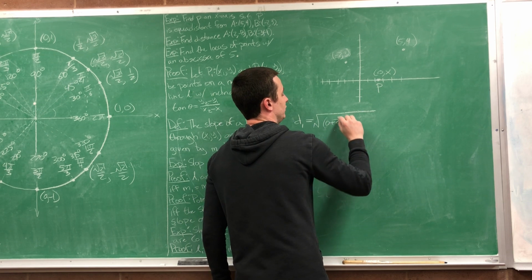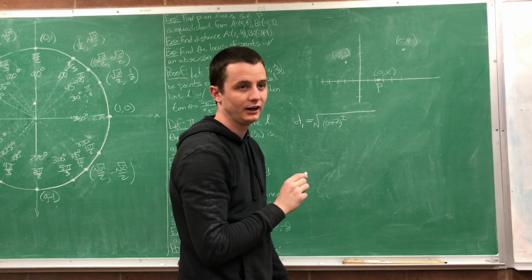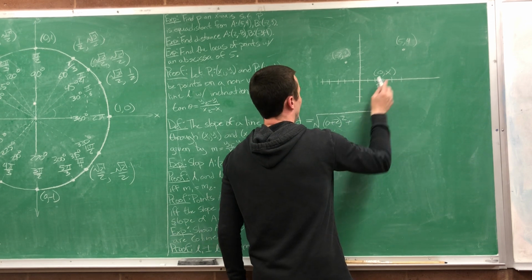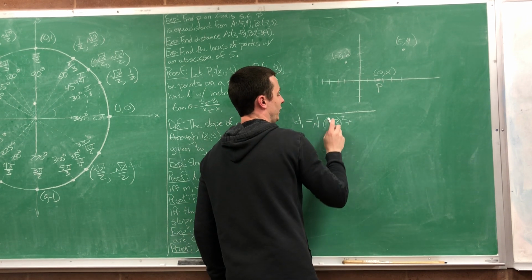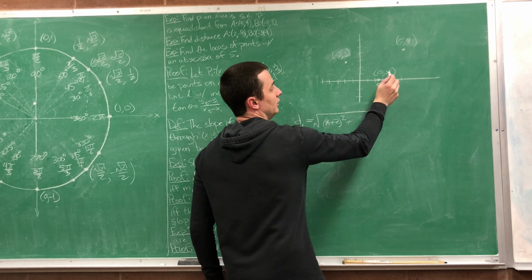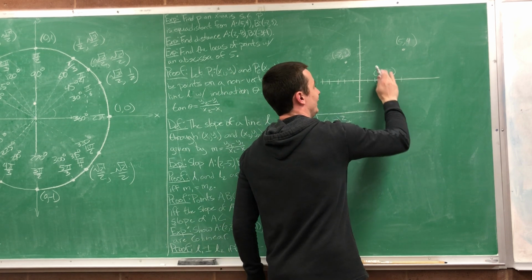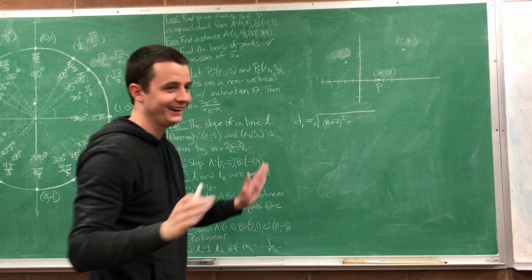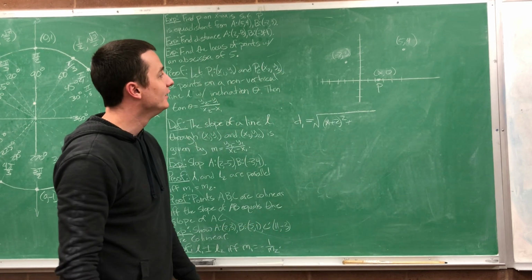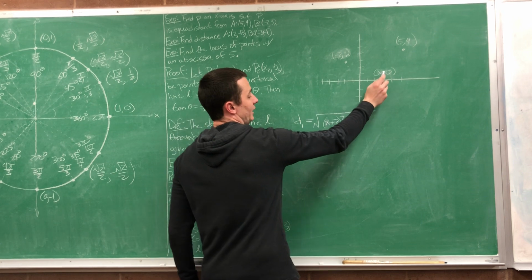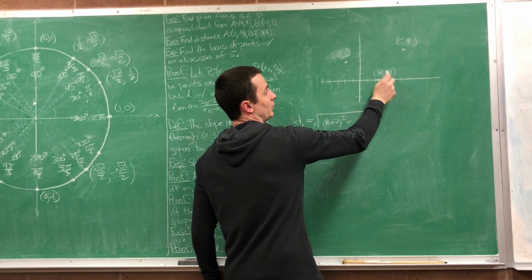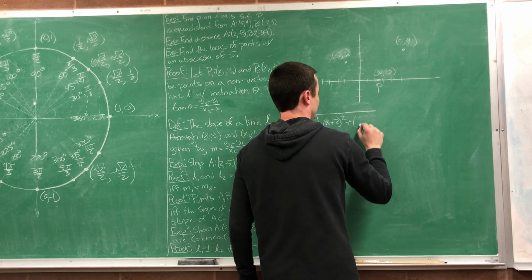Sorry, I wrote this backwards. X comma 0. Okay, now our brains are straight. So this one's x-coordinate minus this one's x-coordinate squared, plus this one's y-coordinate minus this one's y-coordinate squared.